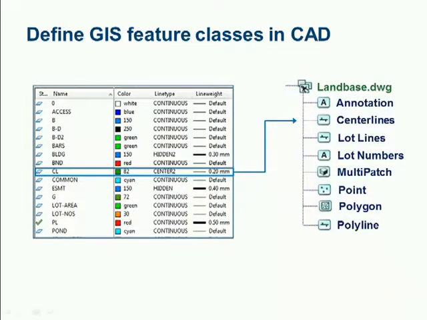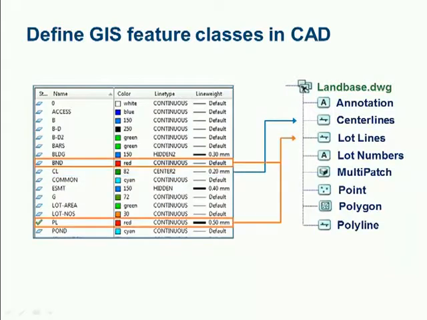To accomplish this, you simply use the plugin's user interface to define the ArcGIS centerlines feature class to be those linear entities in your AutoCAD drawing that reside on the AutoCAD CL layer. From this point, any existing lines on this layer are automatically considered part of the ArcGIS feature class. Any future lines drawn on the layer will also be in the ArcGIS centerlines feature class.